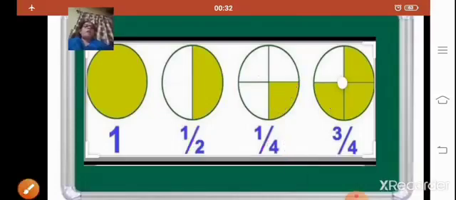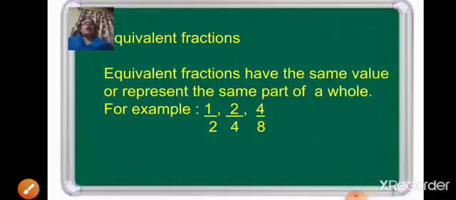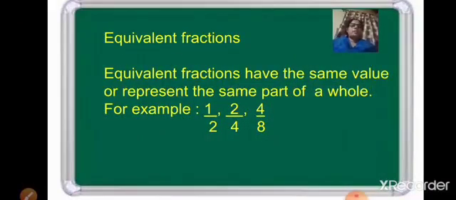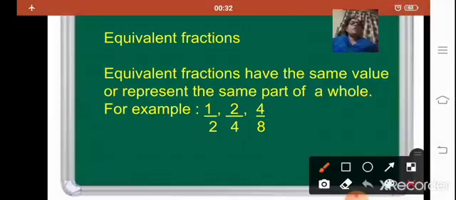Okay. Now let us understand what are equivalent fractions. Equivalent fractions are those fractions which have the same value or represent the same part of a whole. For example, 1/2, 2/4 and 4/8 are examples of equivalent fractions. 1/2 means the whole is divided into 2 equal parts, and out of that one part is taken. 2/4 means the whole is divided into 4 equal parts, and out of that 2 parts are taken.